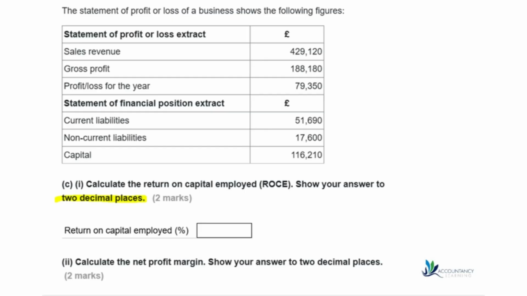So we're going to be taking the profit or loss for the year, and we're going to divide that by our capital and our non-current liabilities. And then because we're looking for a percentage, we times it by 100, and that gives us the 2 decimal places: 59.30%.